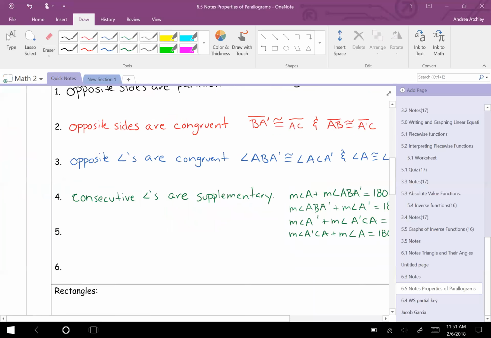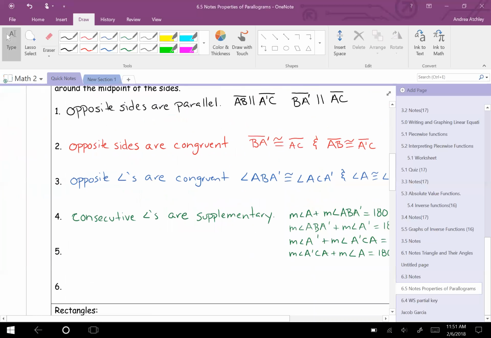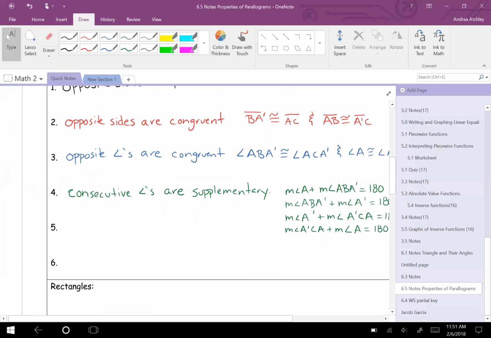Okay, the fifth one, consecutive angles are supplementary. Opposite sides are congruent, opposite angles are congruent. Okay. We have diagonals. Diagonals bisect each other.